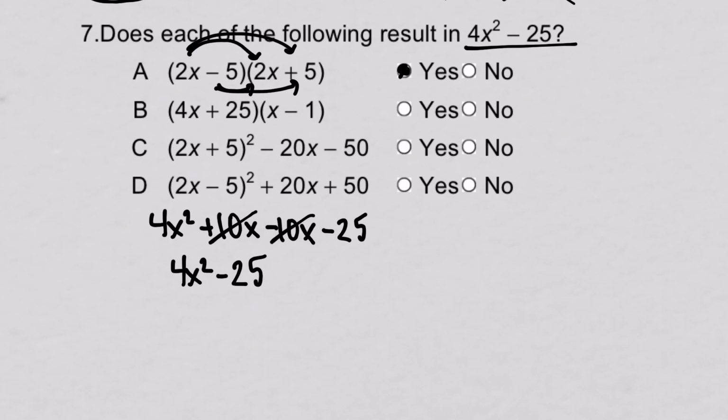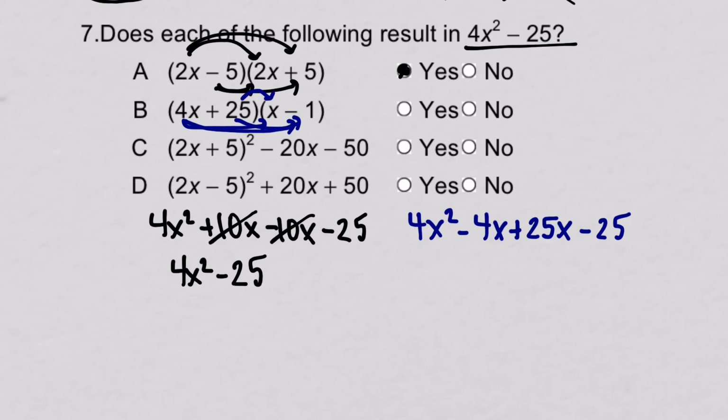Okay, part B. Let's do this one in blue so you guys can tell it apart. 4x times x, 4x squared. 4x times negative 1, negative 4x. 25 times x, positive 25x. And 25 times negative 1 is negative 25.